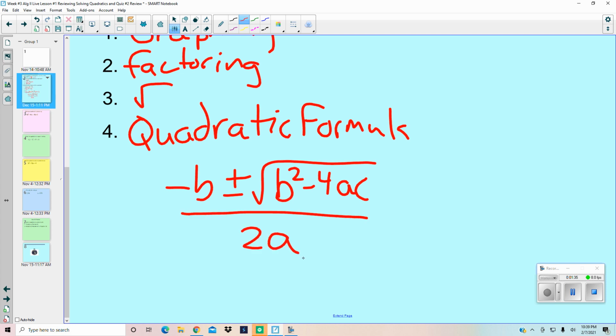And that'll either give you two solutions, one solution, or no solutions if you get a negative under that radical. That's supposed to be an a there for formula.